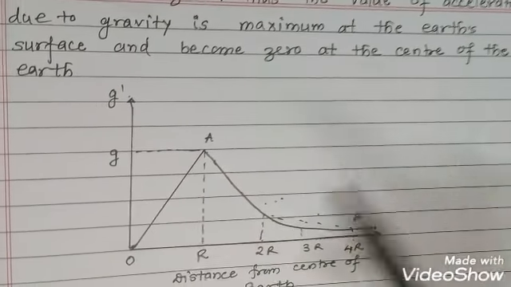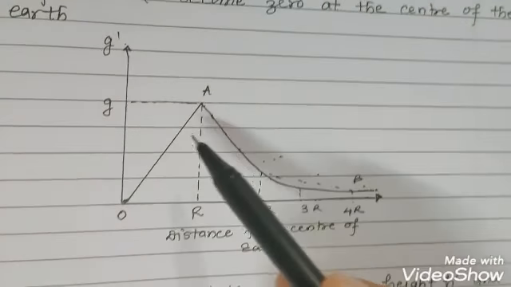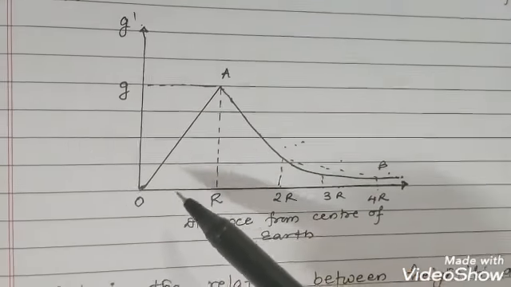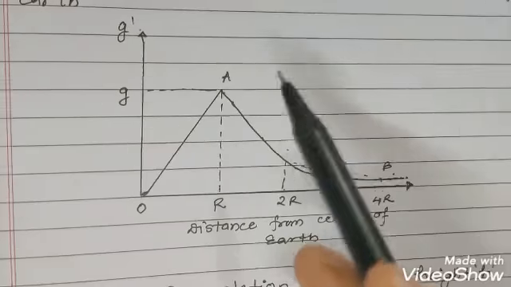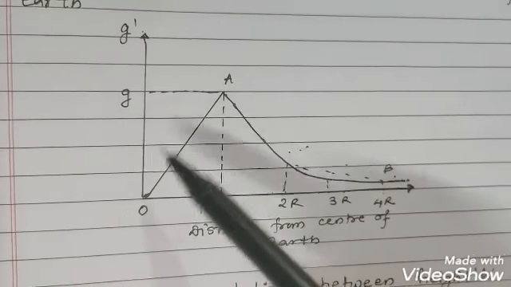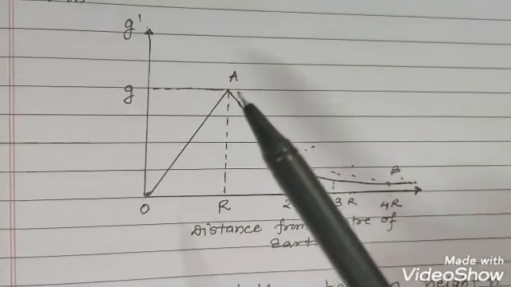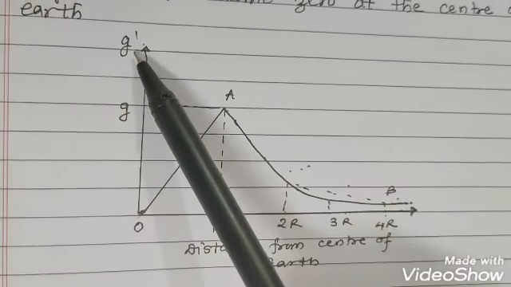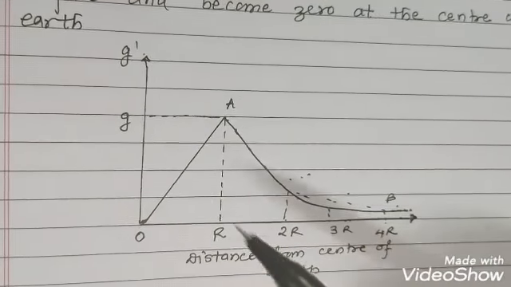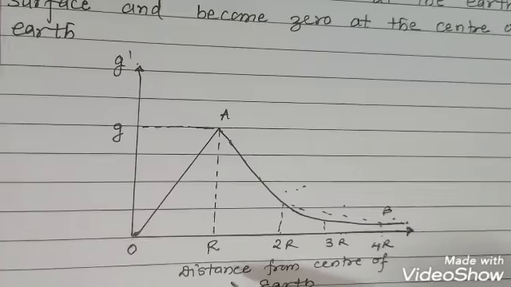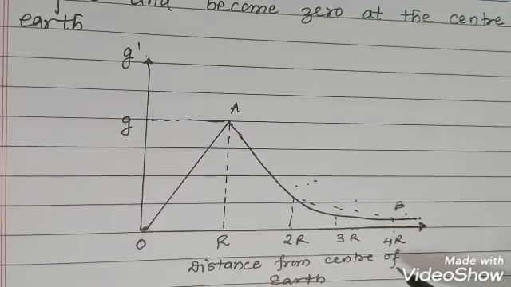So this is the graph which you can observe and understand very well. This whole graph explains the variation of the acceleration due to gravity with the distance from the center of the earth.